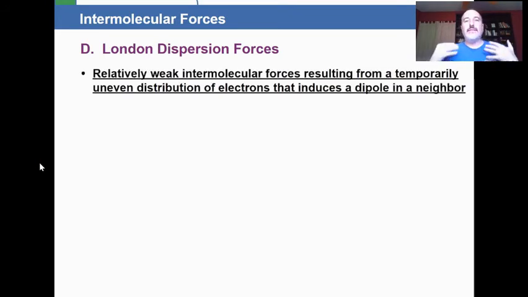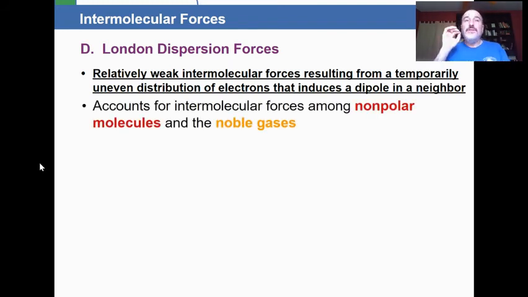Now, these are the relatively weak intermolecular forces that occur from temporary uneven distribution of electrons that induces a dipole in a neighbor. Now, these occur in nonpolar molecules, all right?